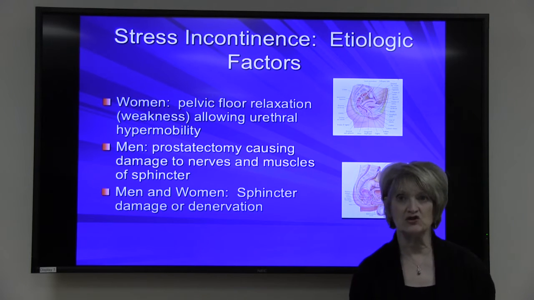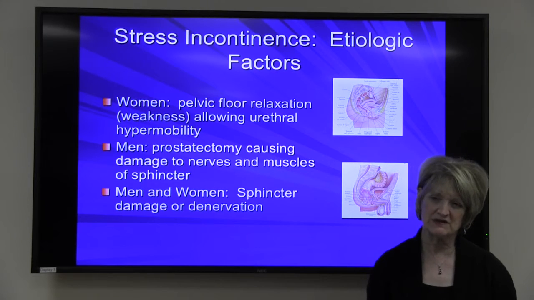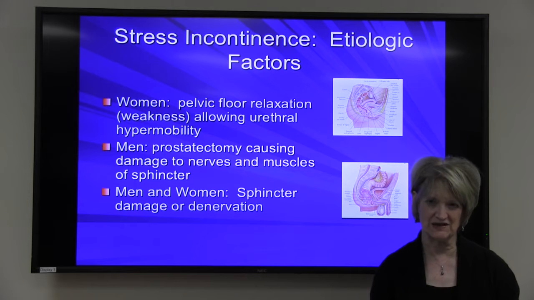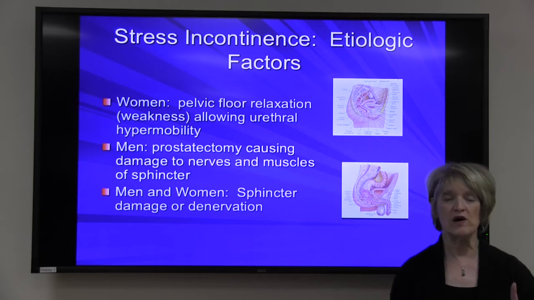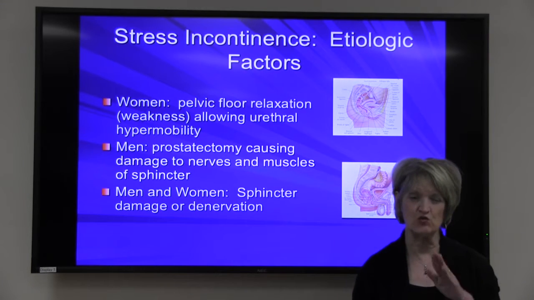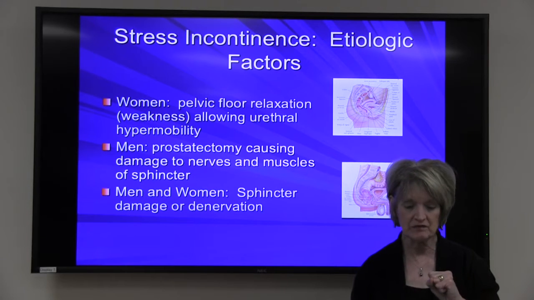Now, there's three major types, I guess. No, types is not the right word. There's three major causative factors for stress incontinence, for this activity-induced incontinence. In women, the most common cause of stress incontinence is weak pelvic floor muscles, weak sphincter muscle.